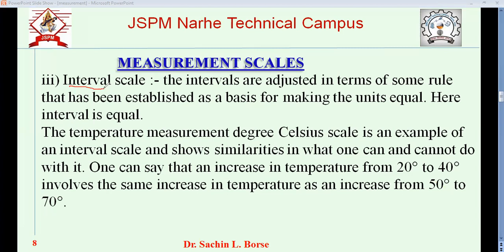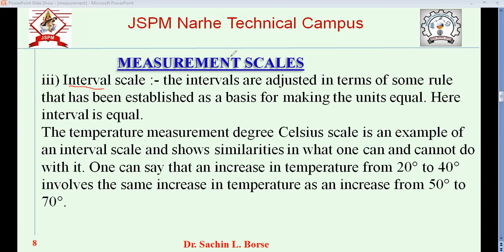Here also we arrange numbers in increasing order, but we take care that the difference between consecutive or neighboring values is the same.